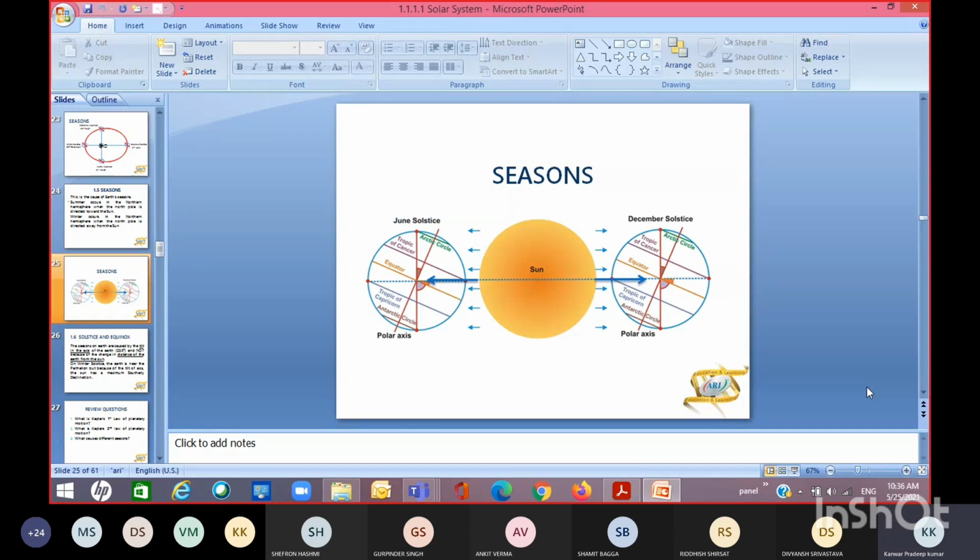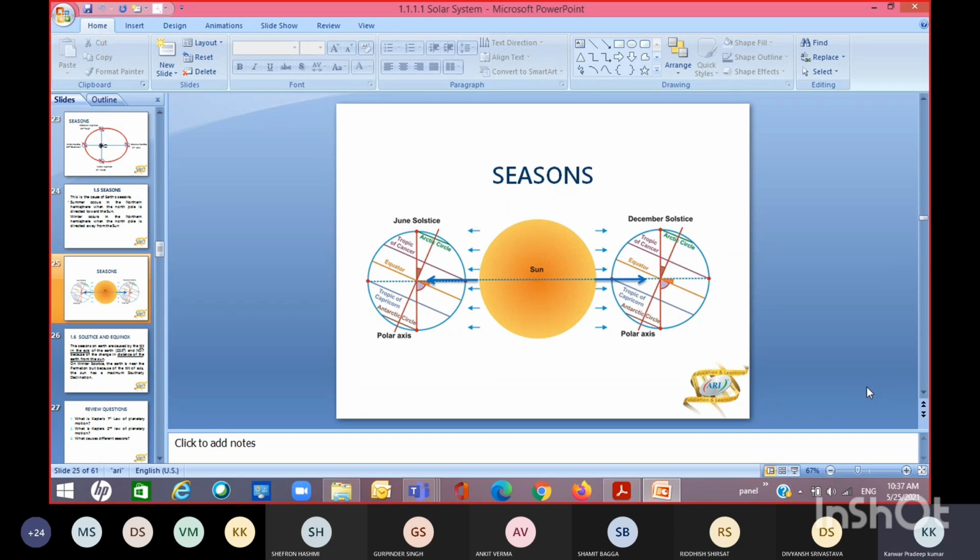Another diagram which is similar to what you saw in the video. So here you see the tilt is on the right. On the left is the June solstice because the northern pole is tilted towards the sun.